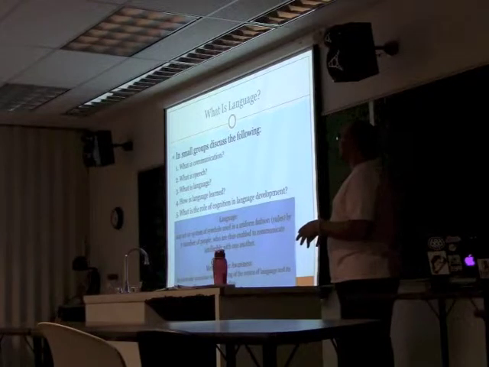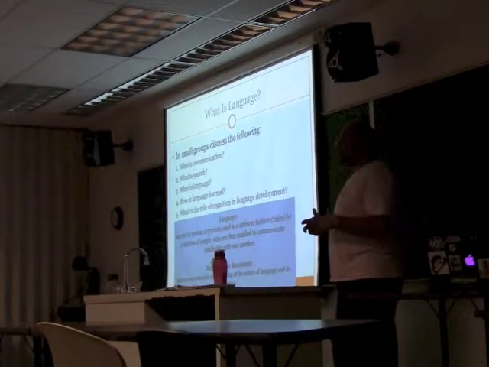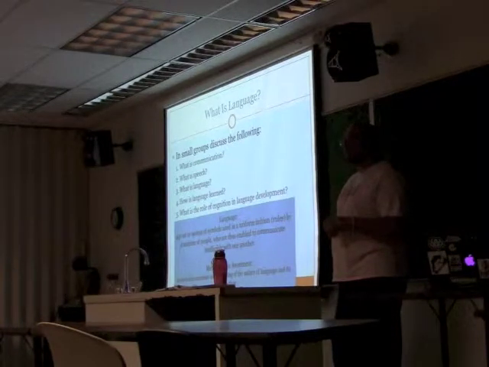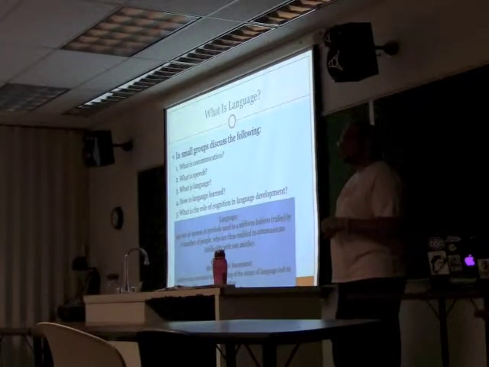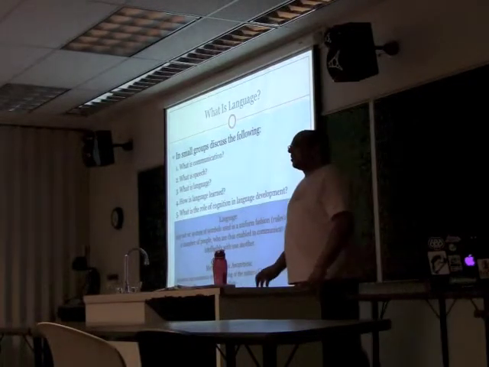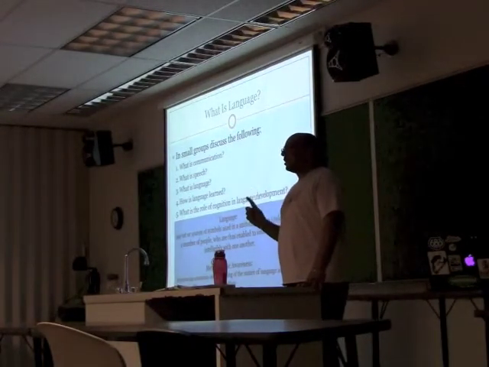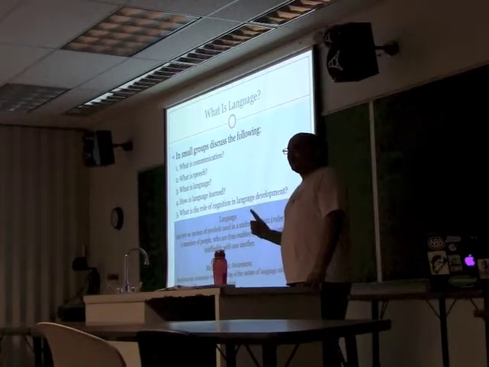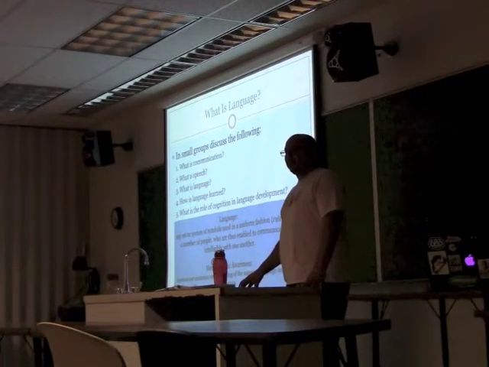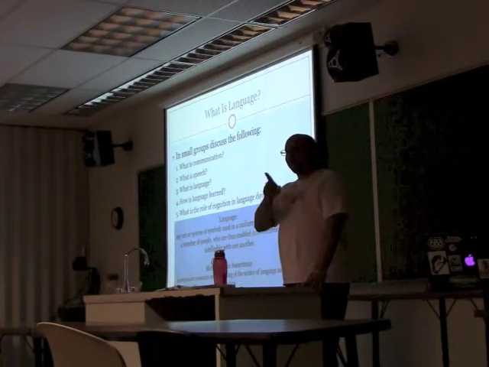So, that being said, what do you think is the role of cognition in language development? There's one guy who was really big into language development with kids. Or cognition, you got it, Vygotsky.